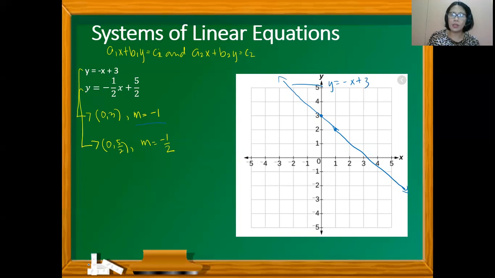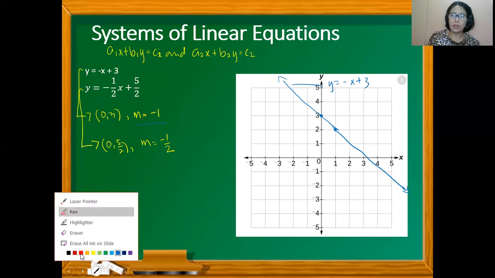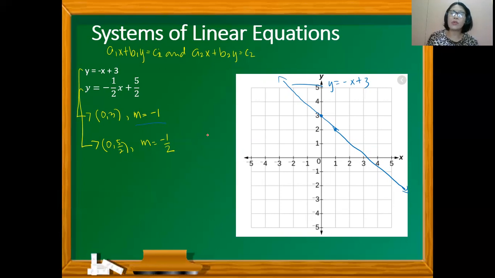So about the graph of the second equation, let's make use of another color. This time, let's make use of red. So we have (0, 5/2). So (0, 5/2) is somewhere in between 2 and 3 here. And then -1/2, so we will move down by 1 unit and then run by 2 units to the right. So this is the other point.